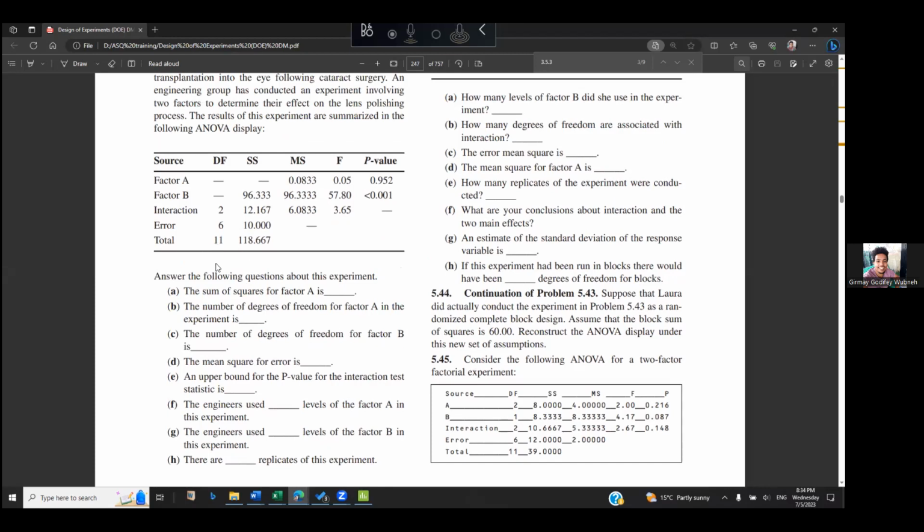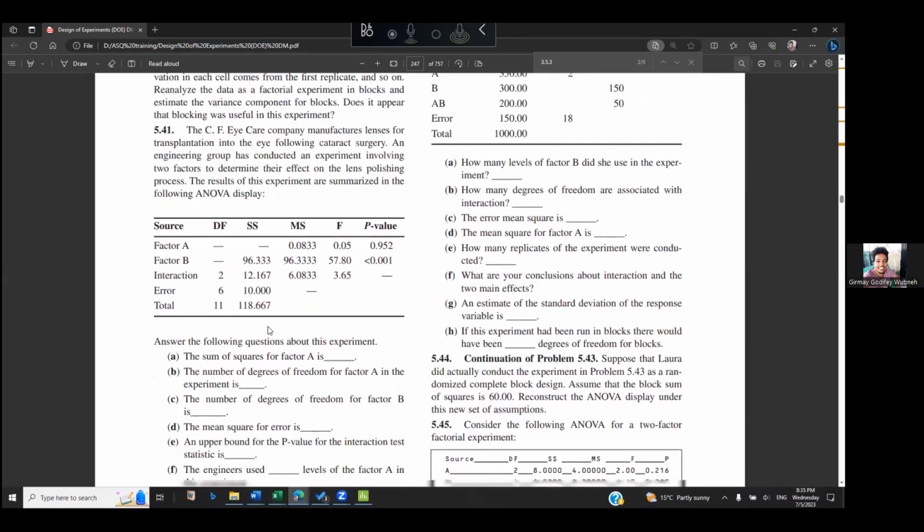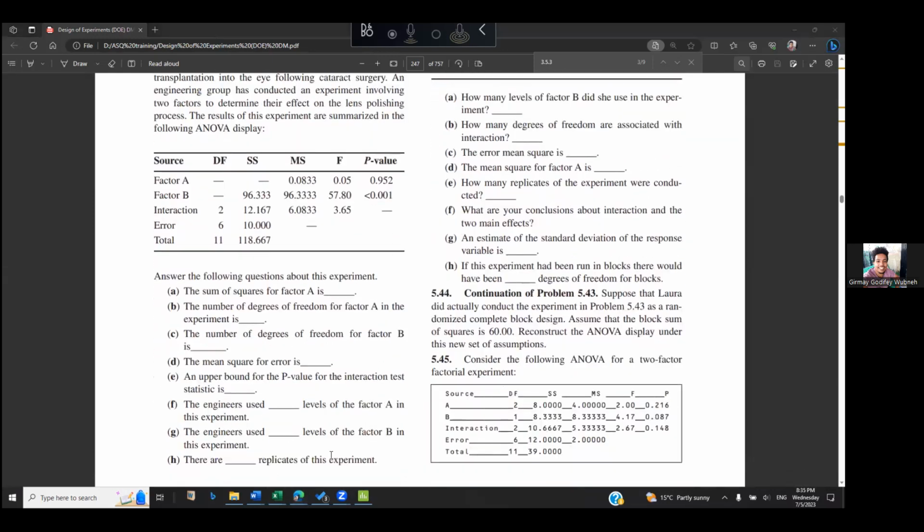The total degrees of freedom is 11, which is n minus 1, so n is 12, since one degree of freedom is used to estimate the mean. So the total number of samples is 12. Factor A has 3 levels and factor B has 2, so 12 over 3 times 2 gives 2 replicates.